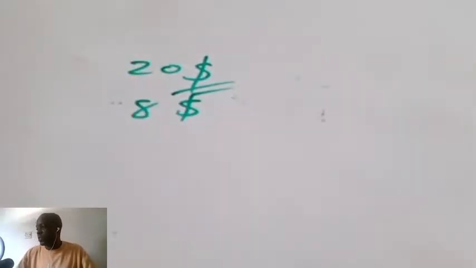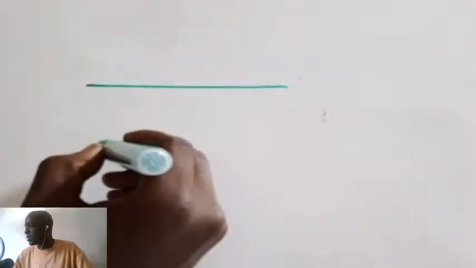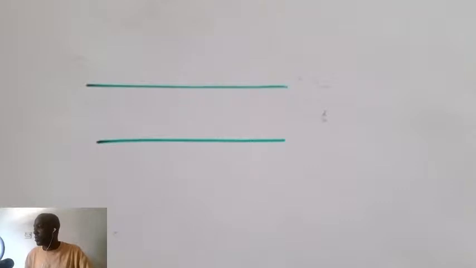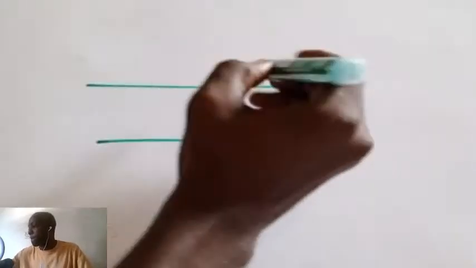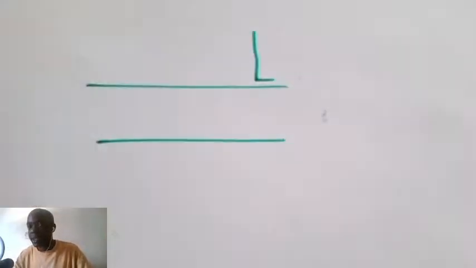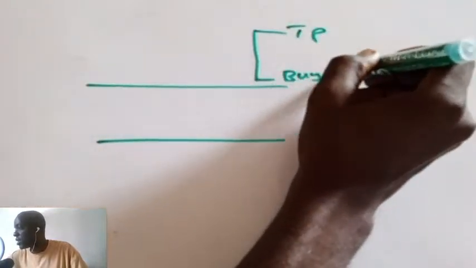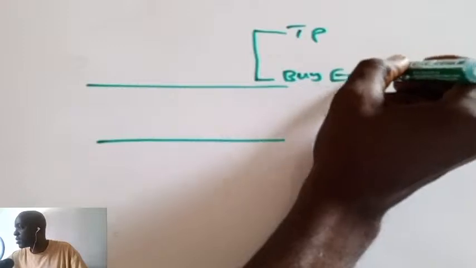So assuming we have a target like this, these are our entry points, and this is our take profits, and this is our buy entry point.